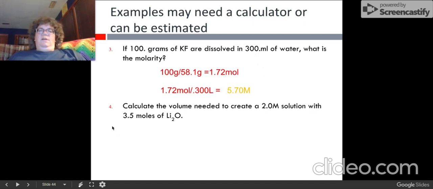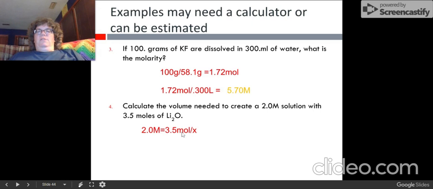Now this example says calculate the volume needed to create a 2 molar solution with 3.5 moles of lithium oxide, Li2O. This time we need to figure out the volume. We know the molarity, we know the moles. So we've got to work our equation around a little bit. We get 2.0 moles per liter, that's my molarity, equals 3.5 moles divided by X. That's my volume, my liters that I don't know.